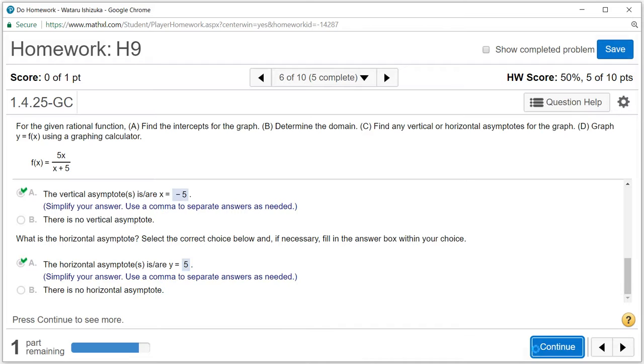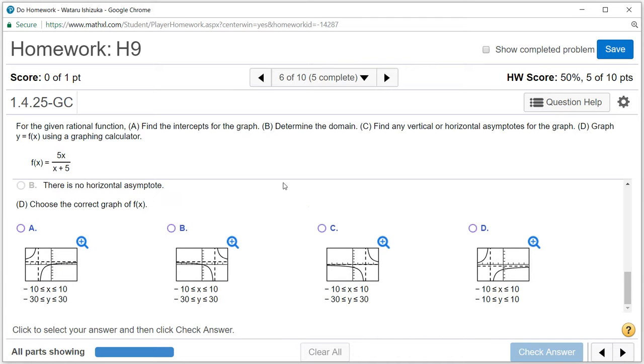Then hit continue. We want to find the correct picture here. We know that the vertical asymptote is at negative 5. So A has that, B's not, C's not, and actually D is.